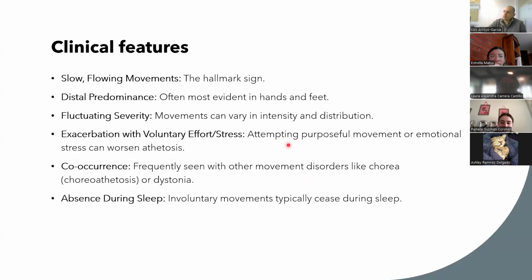Actually, what they say is that stress makes it worse, and it can happen at the same time as in Korea or dystonia, other kinds of movement disorders. And what is crazy is that when you're sleeping, these symptoms are absent.